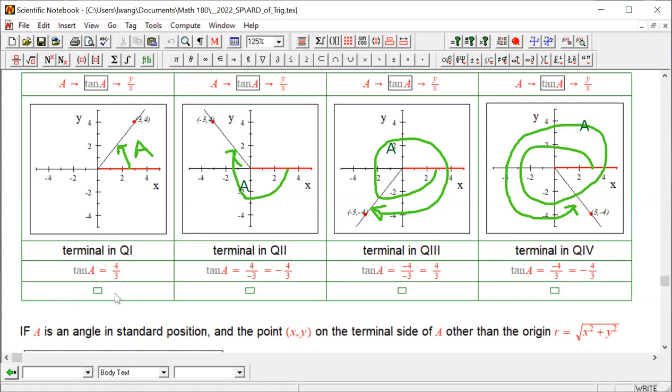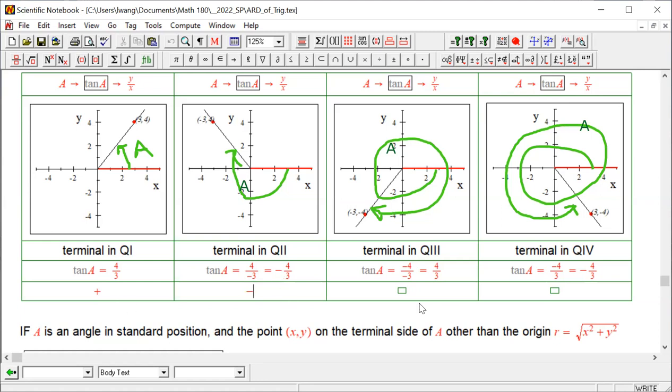Now, if we observe the sign, you can see the sign is determined by x and y. When both x and y are positive in the first quadrant, tangent is positive. In the second quadrant, x and y are opposite in sign, so when we're doing the quotient, a positive divided by a negative is going to be negative.